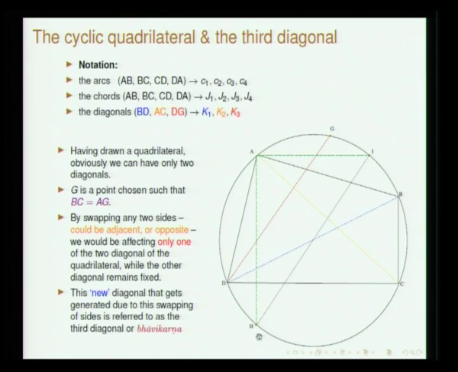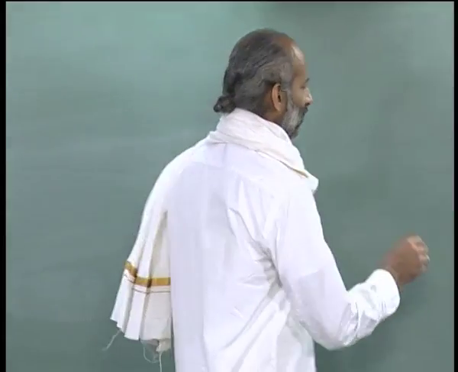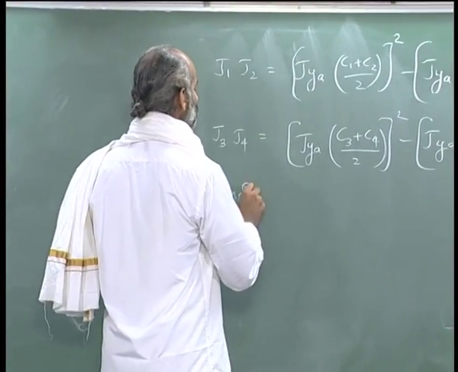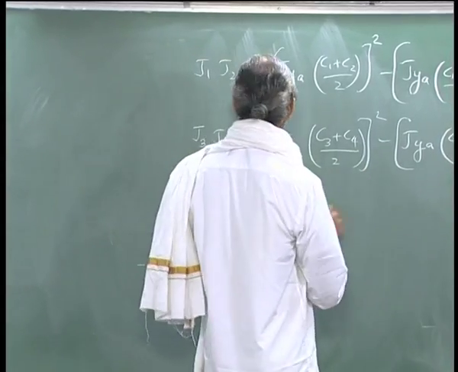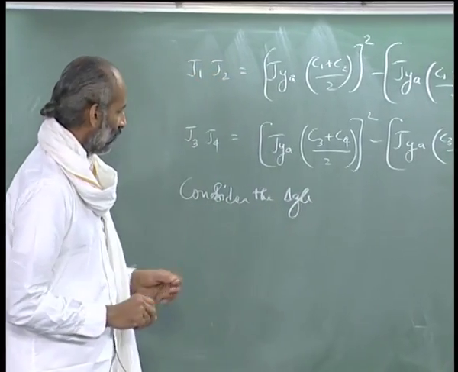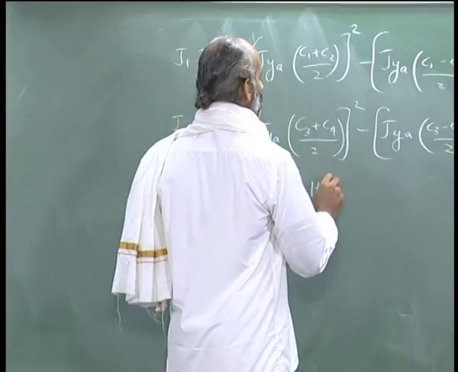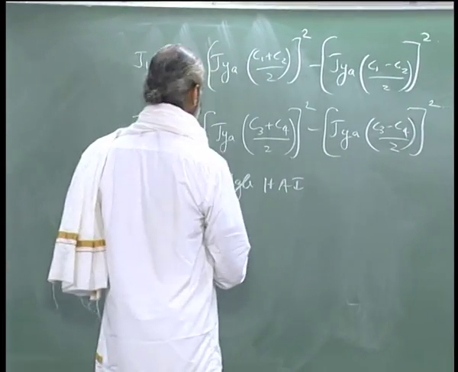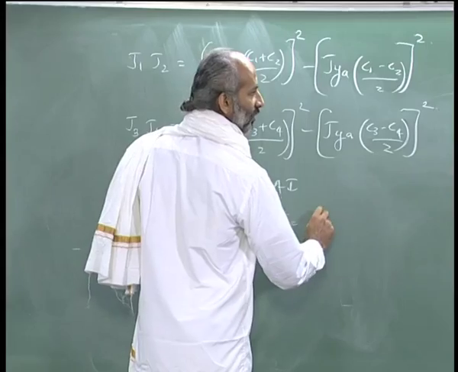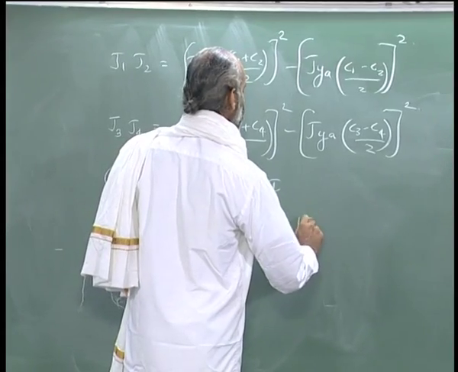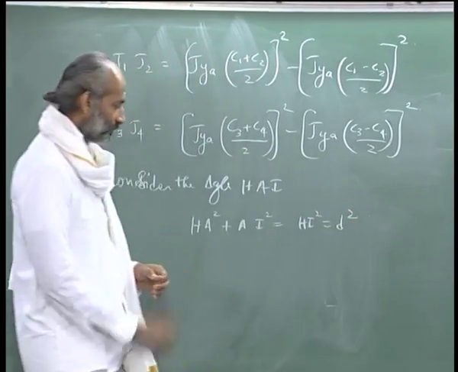Now, consider the triangle HAI. HA square plus AI square, obviously, is that. Before I add this, I just wanted to have this result in place so that you can see immediately what we want to have. Consider the triangle HAI. So, we have HA square plus AI square is equal to HI square, which is equal to D square.